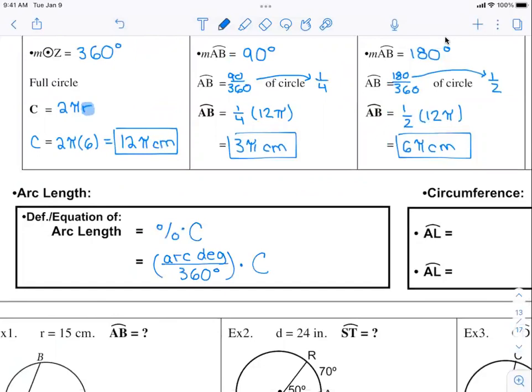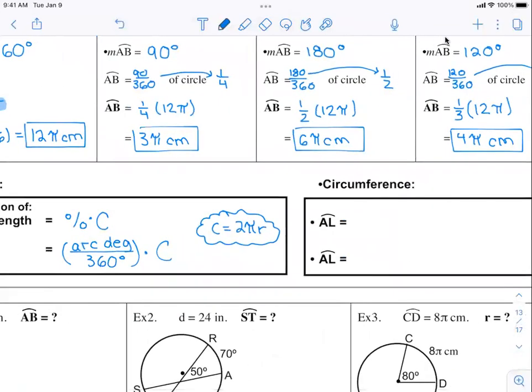So I like the fractional way. I'll simplify my fraction and I multiply it by the circumference. Remember, circumference is equal to either pi d or 2 pi r, whatever you want to use.